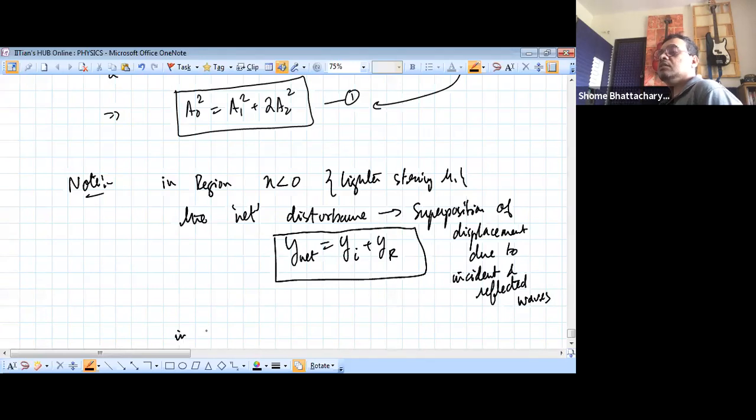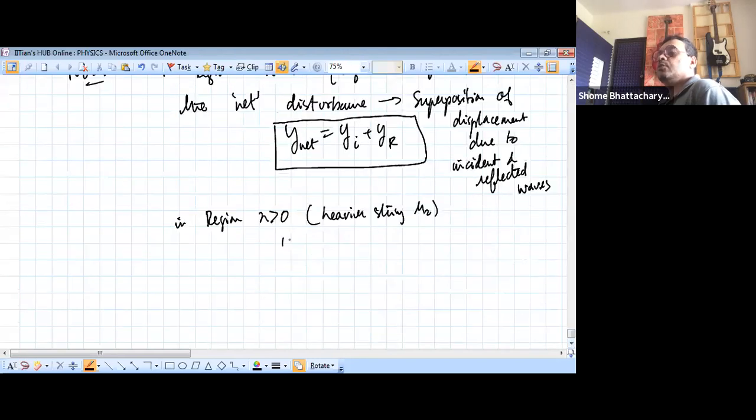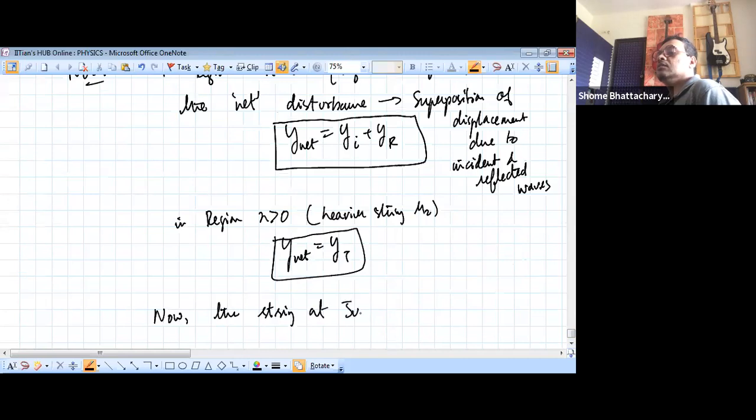Whereas in the region x greater than 0, that is the heavier string, mu2, the net displacement at any point is just the displacement because of the transmitted wave. Now, the string at the junction x equal to 0 is intact.